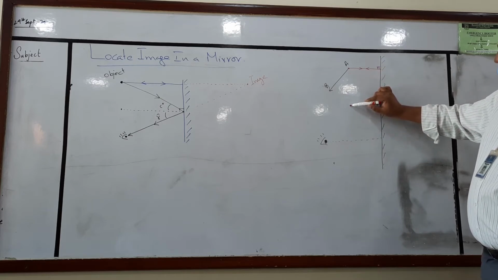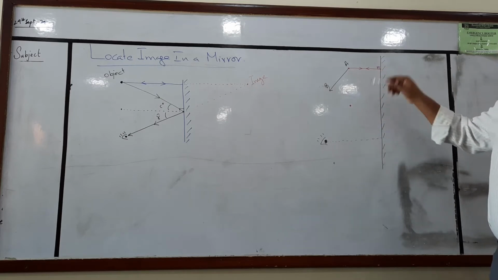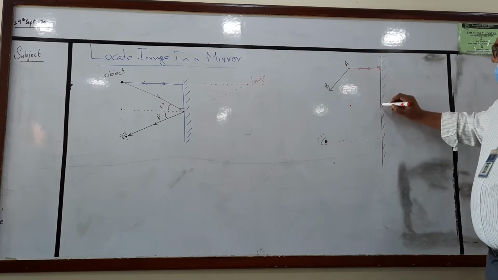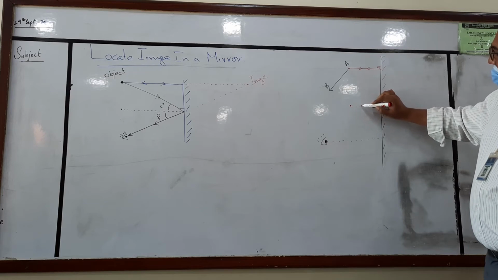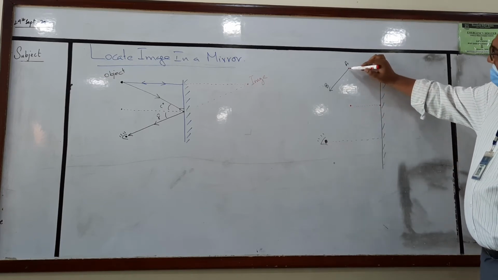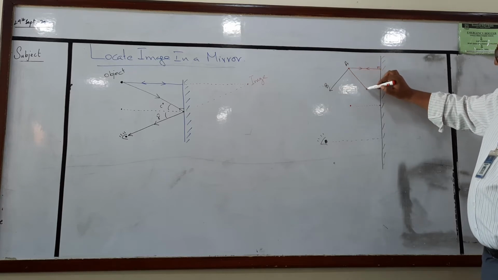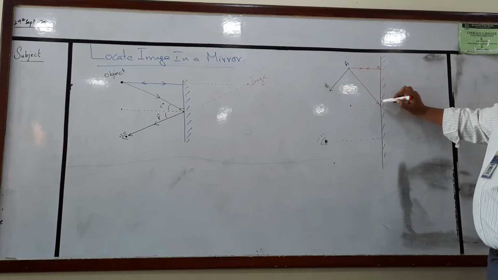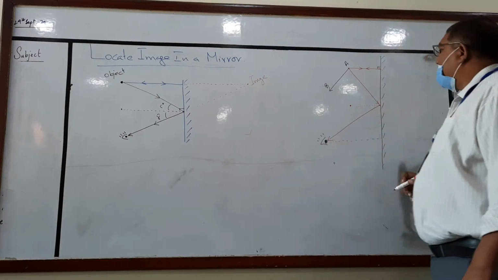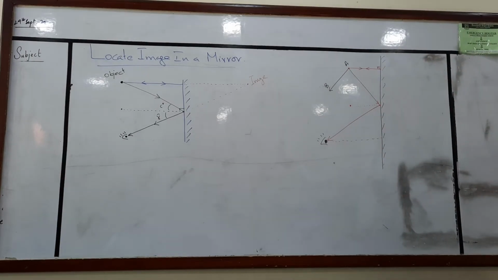For example, I think this will be the midpoint. You will do it with the scale. So project this here. From A, bring a light here, and from here.